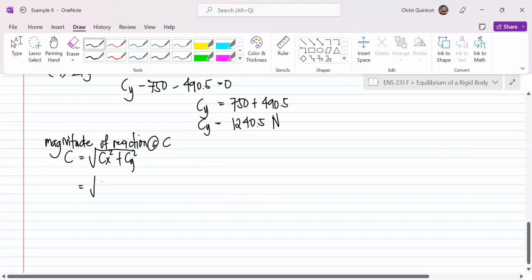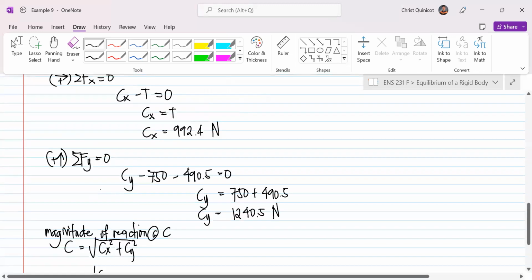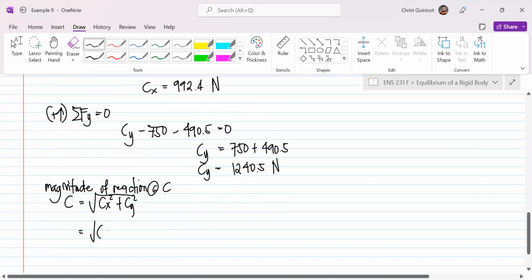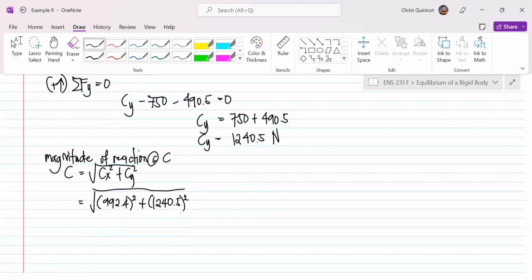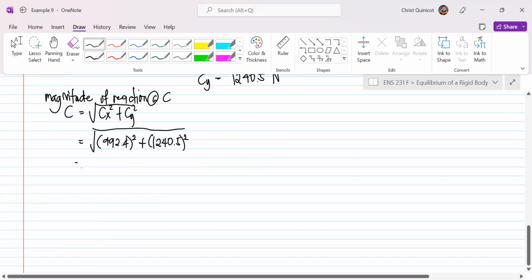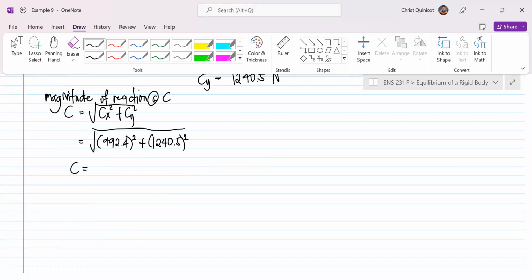This is equal to the square root of 992.4 squared plus 1,240.5 squared.